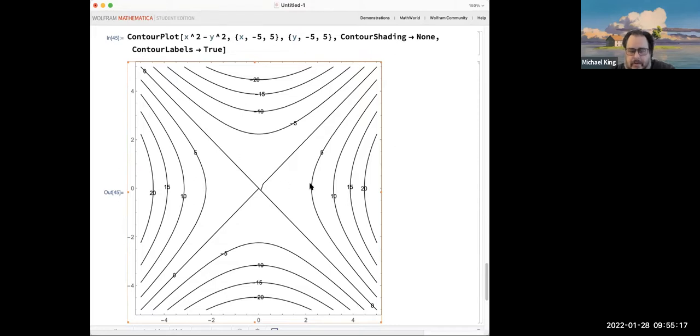And then as we go east-west, we're increasing in elevation, if you think about these as elevation numbers. The minuses are partially obscured by the lines, but these are -5, -10, -15, -20.